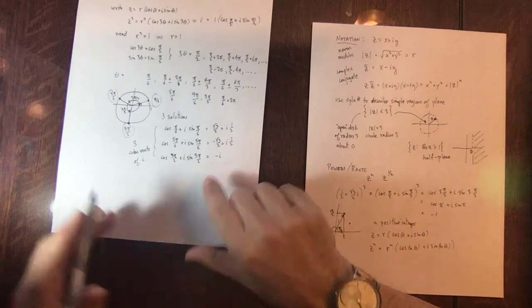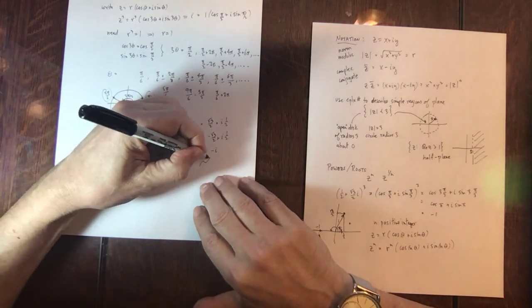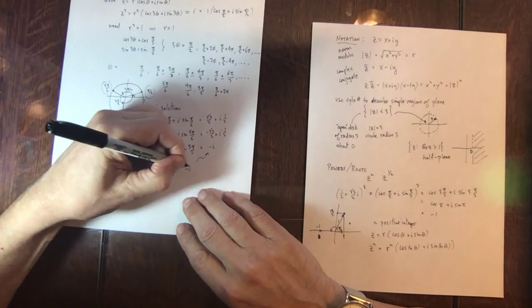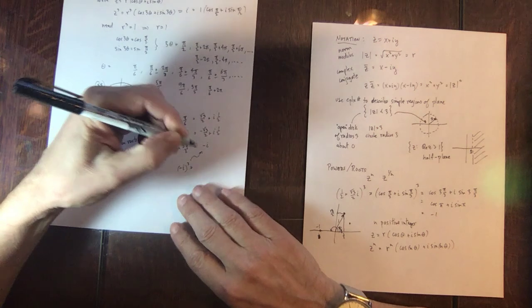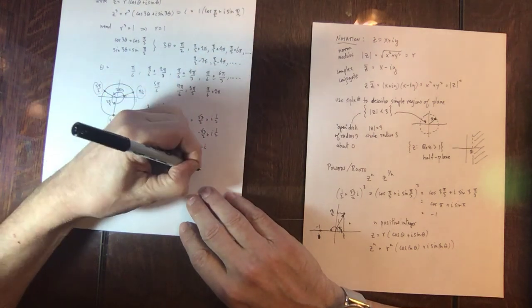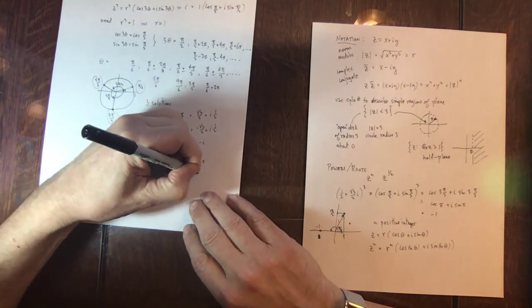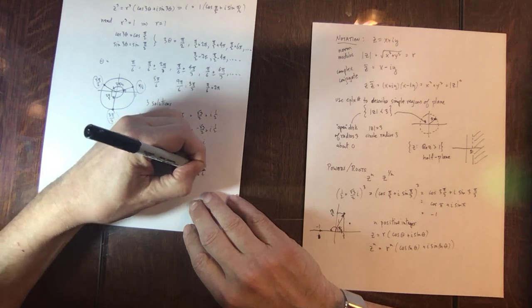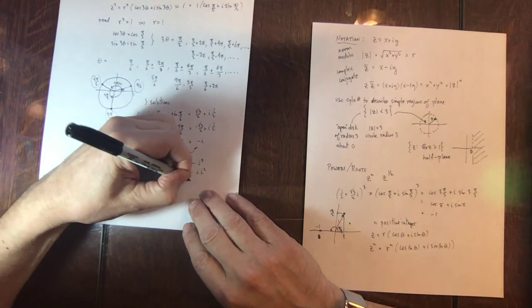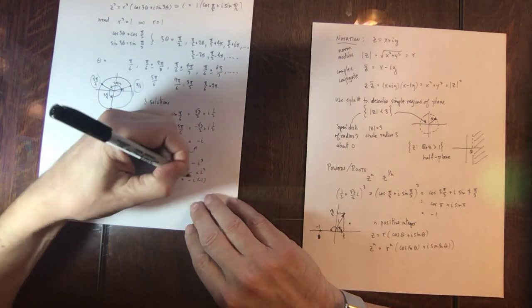This one you might have guessed, right? Because let's check. If I cube minus I, that's minus I times I squared. That's minus I times -1.